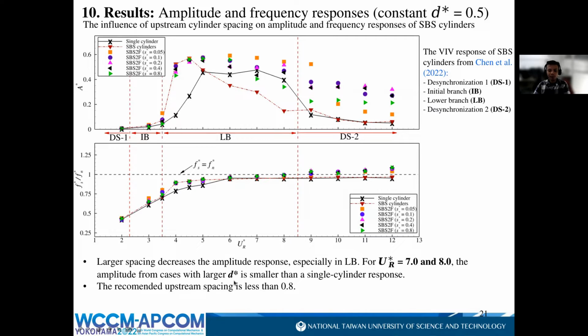So for this case, we recommend that the optimal upstream spacing is less than 0.8, because if we use a larger upstream spacing for some UR, for example UR equal to 7 and UR equal to 8, we will get the lower amplitude, even lower than the single cylinder response.